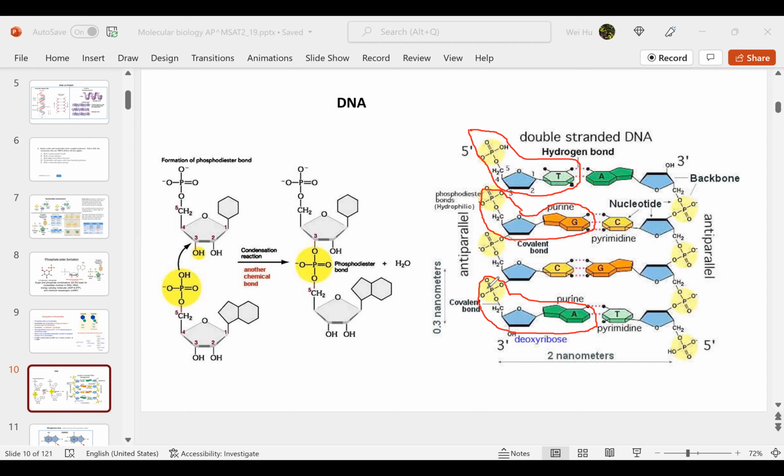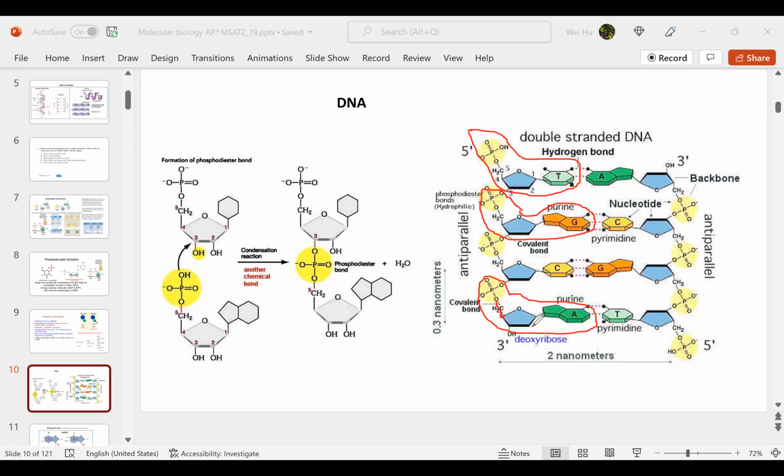Primarily, the phosphate group links to the 5' carbon. So this is 5'. When it links to another nucleotide, it links to 3'. So the phosphate links your individual nucleotides together. That's why this is called the 5' end, because you have a phosphate linked to carbon 5. This one is the 3' end, meaning the 3 carbon is linked to another phosphate.